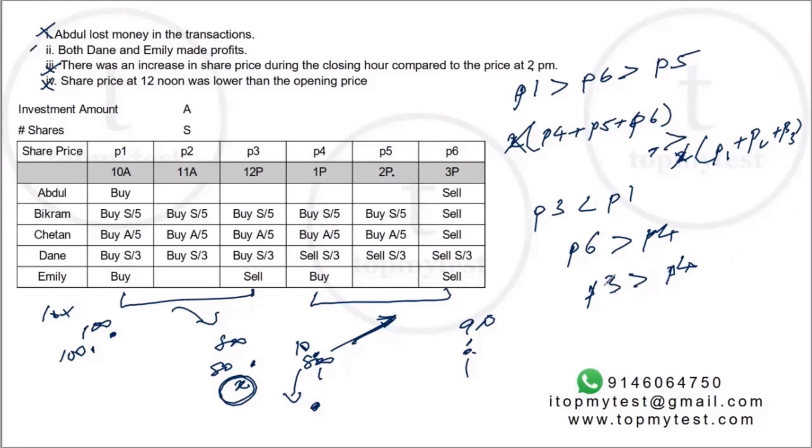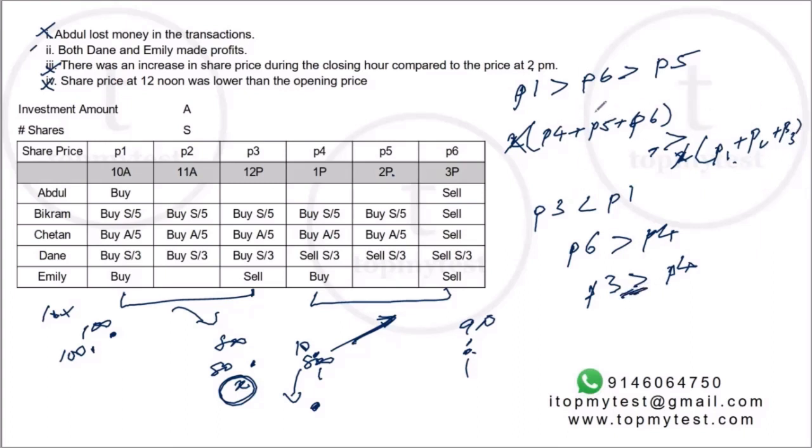Now, if we combine this portion with what Dane has given us, P4, P5, P6 is bigger than P1, P2, P3. Now we know P1 is bigger than P6. We also know P3 is bigger than P4. Right?